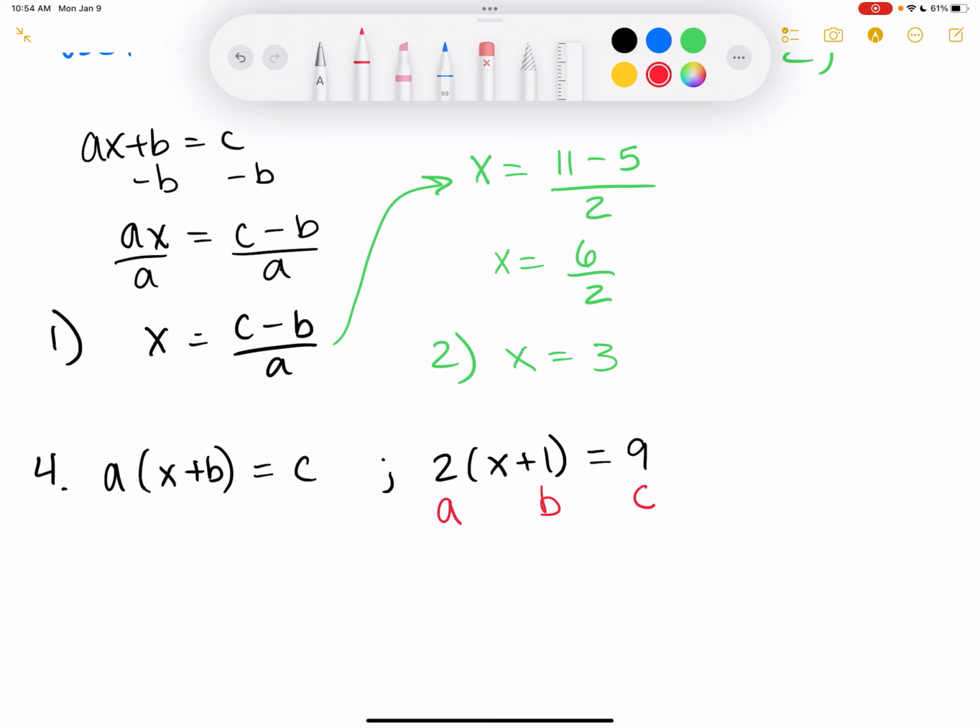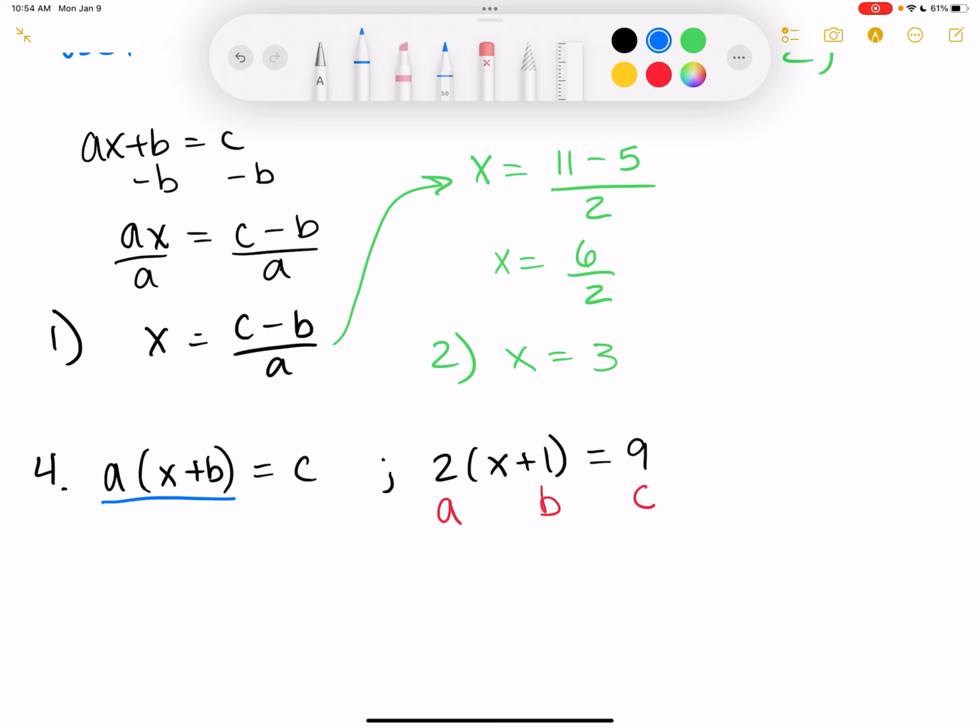So then over here, if I want to get x by itself, I need to divide both sides by A. Okay, and I'm doing this because it'll make your life easier. Okay, this is why I'm going to do it this way.